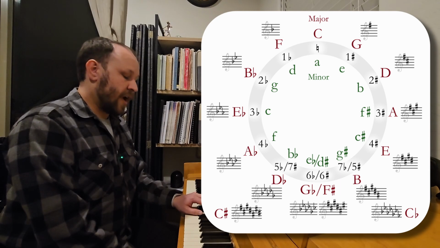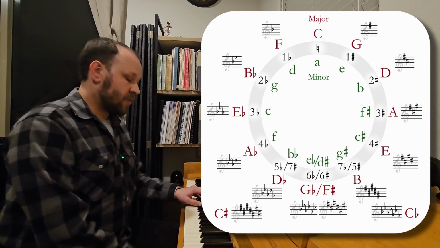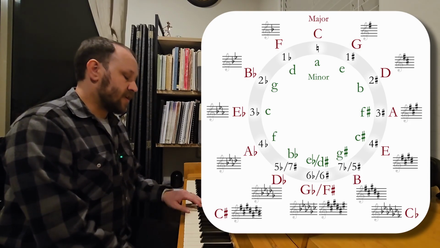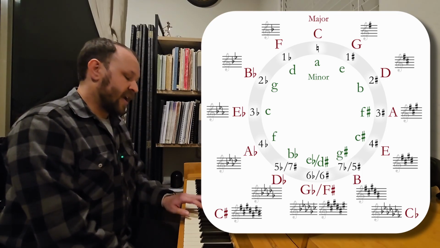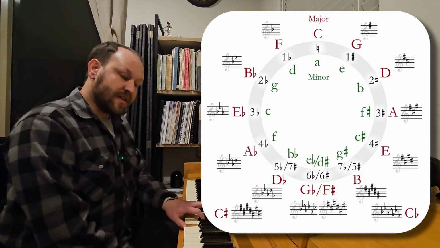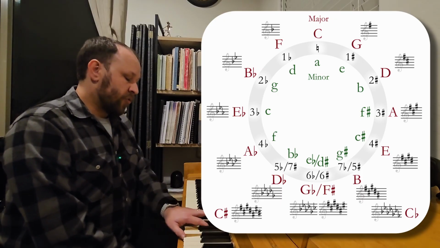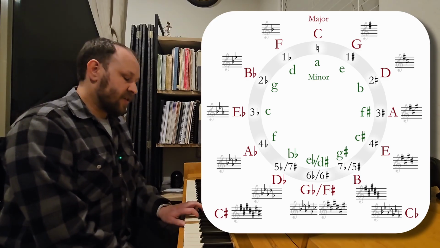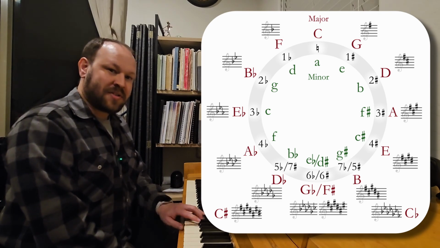So in this case, our F sharp 7 resolving to B, our B7 resolving to E, our E7 resolving to A, our A7 resolving to D, our D7 resolving to G, and finally our G7 coming back all the way around, resolving back to our C major.